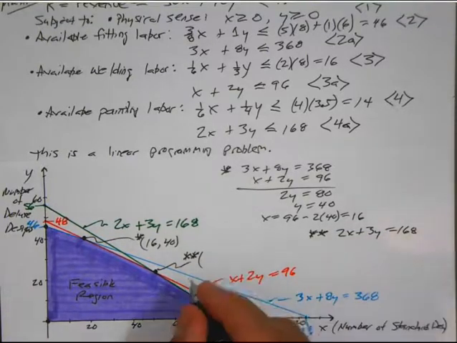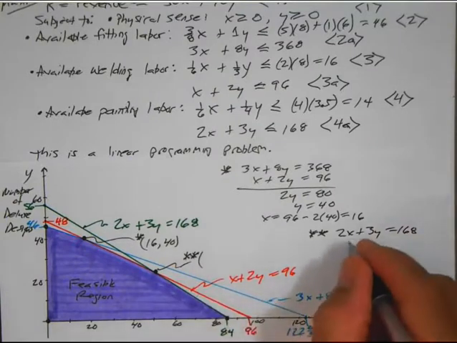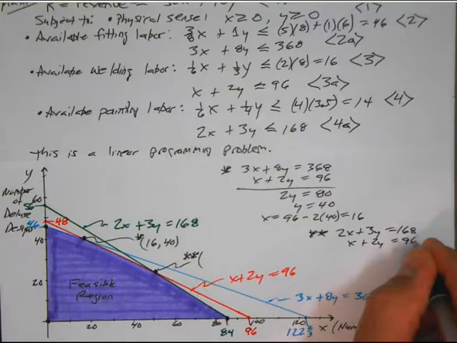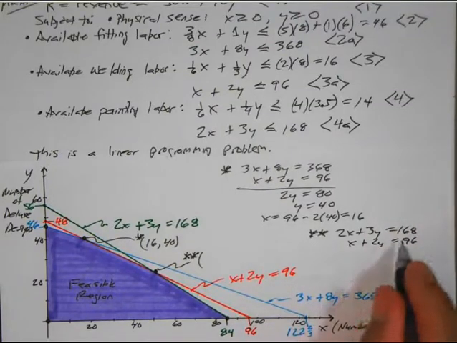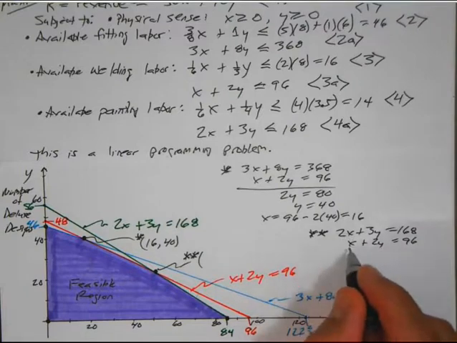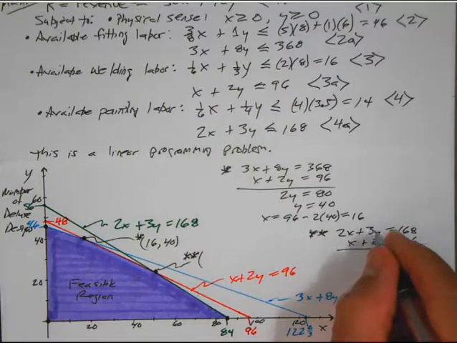And red line, x plus 2y equals 96. Okay, elimination method ready to go here. Let's say this equation minus 2 of these. Okay, x's are eliminated.